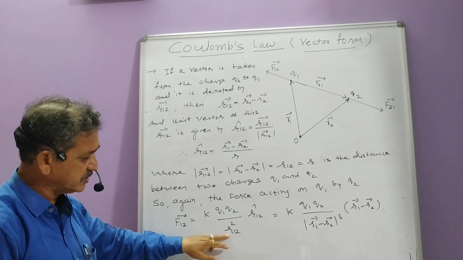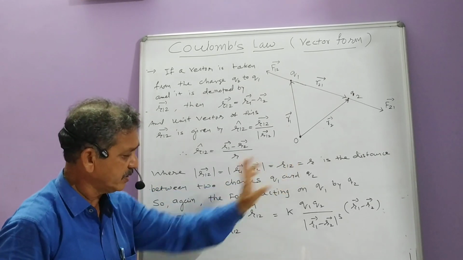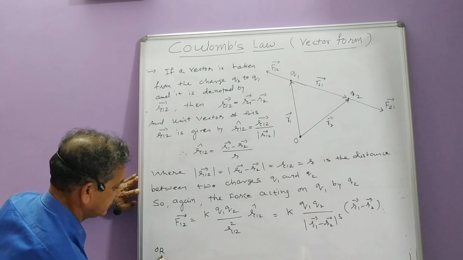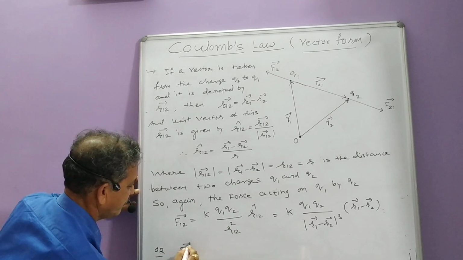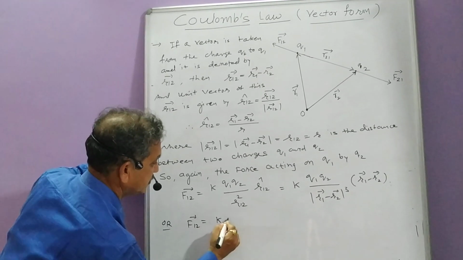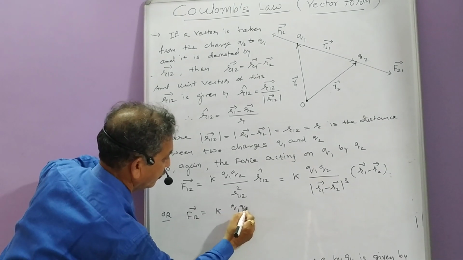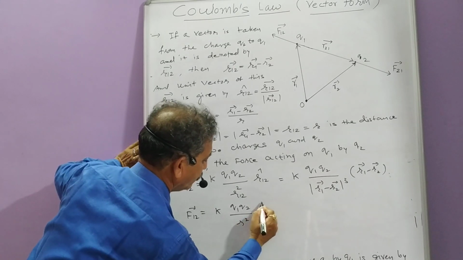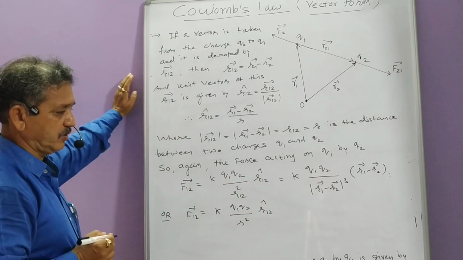Or if you replace this r12 by the symbol r, then this equation can also be rewritten as vector f12 is equal to k q1 q2 upon r square into unit vector r12.